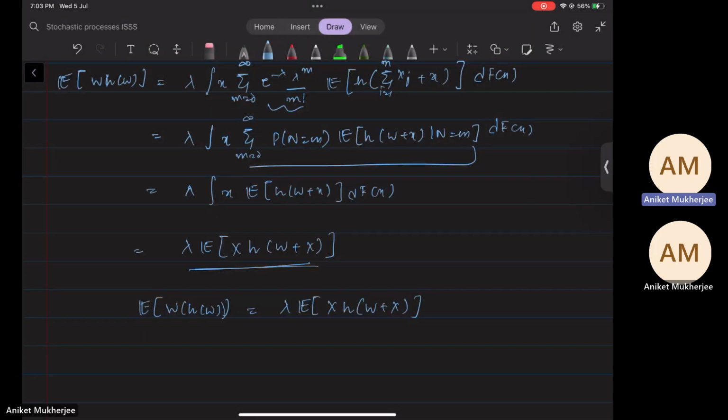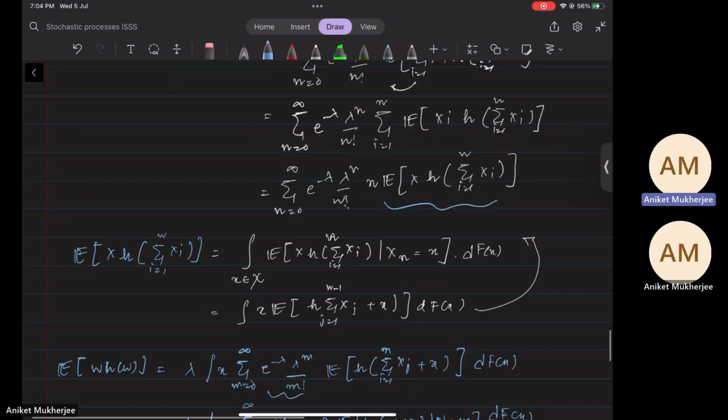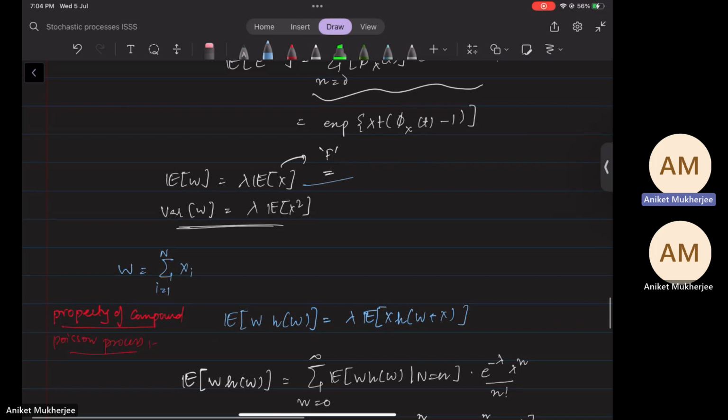So if you substitute h w is equal to 1, and so this will also be equal to 1 for all values of w, then you can see that expectation of w is equal to lambda into expectation of x, which is the same as what we got here.